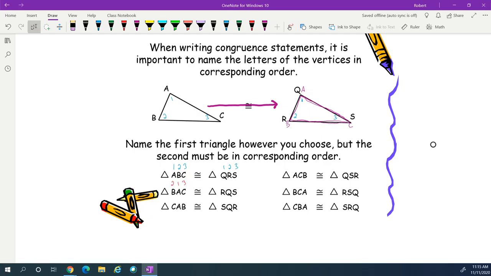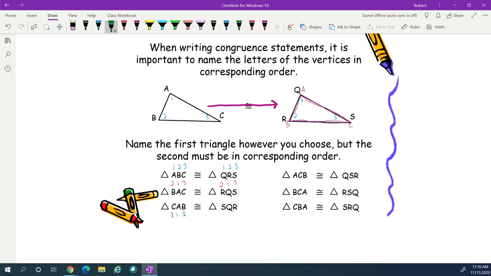I have to match it in the same order. 2, 1, 3. Well, vertex 2 was R. Vertex 1 was Q. And vertex 3 was S. And the same idea is happening in all of these. CAB. Well, if I look at my first triangle, CAB, that's 3, 1, 2. I need to match that in the other triangle.